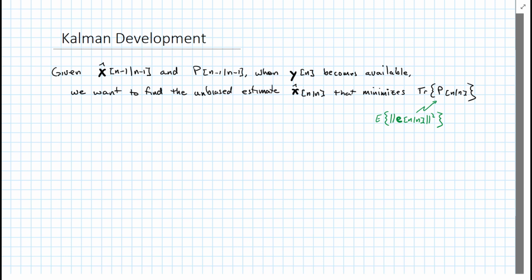So we'll do this in 2 steps. The first is that given our previous estimate of our state, x, we want to estimate what the state is going to be this time.